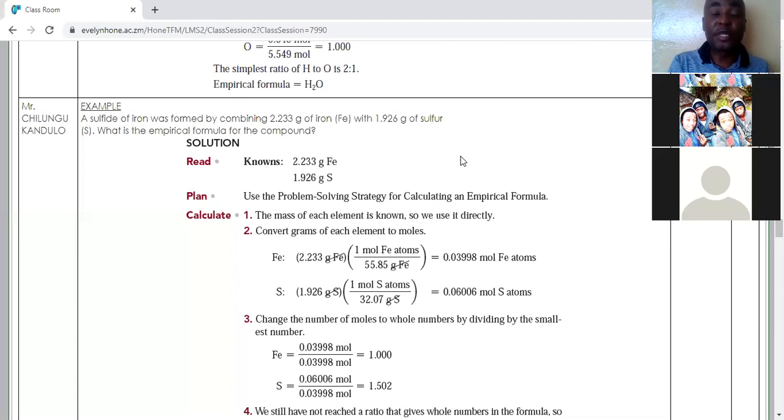Sometimes we also have iron sulfide containing 70% iron. Find the empirical formula. Percentages should add up to 100. So if the one is 70%, the other one should be 100 minus 70, which is 30.